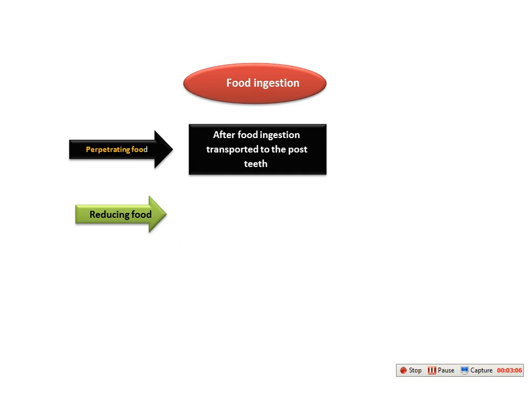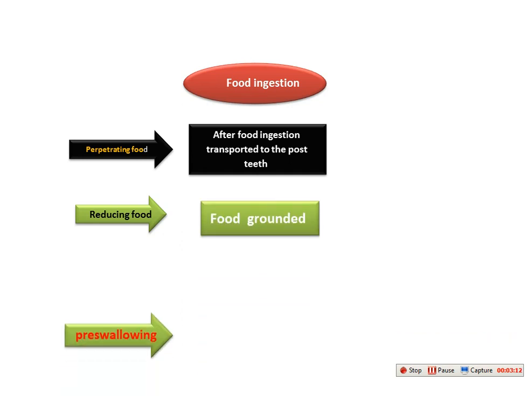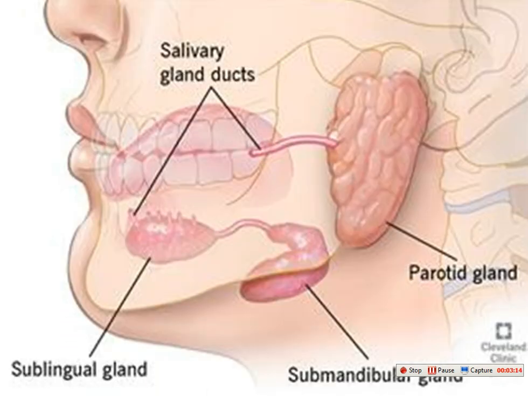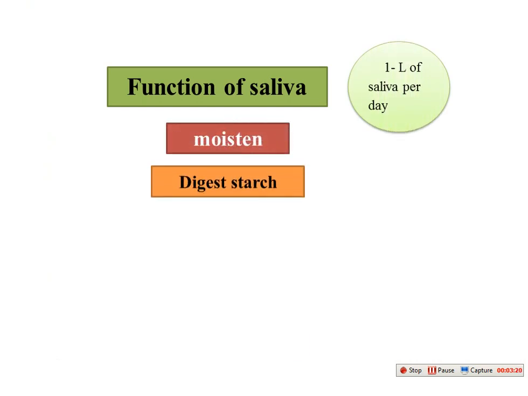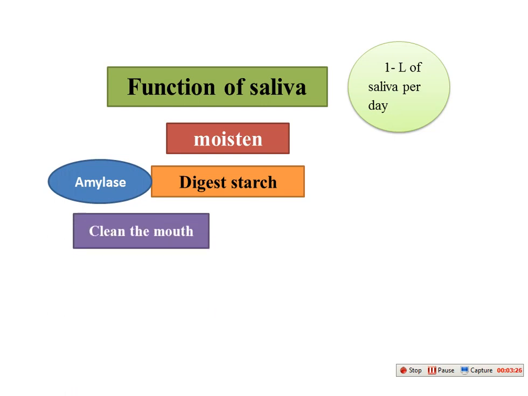And in the mouth, as I say, we start with the mastication or chewing, and the food, when mixed with the saliva, changes into a bolus. The saliva has many functions. The most important functions are moistening of the food and digestion of the starch, because the saliva contains amylase, and also to clean the mouth and protect the other principal organs from bacteria.